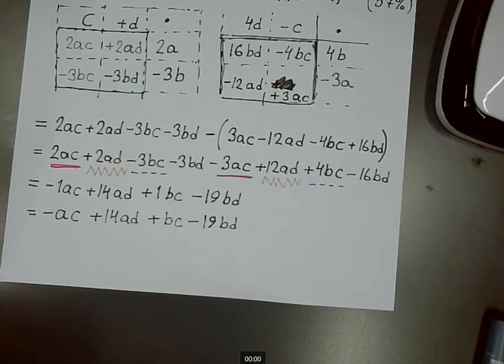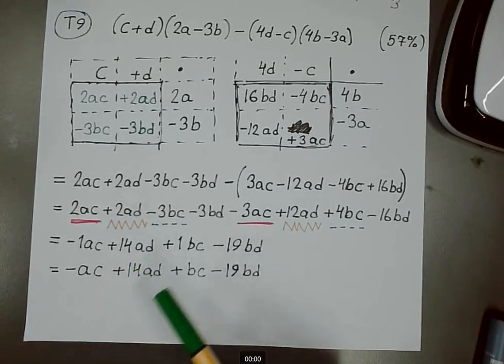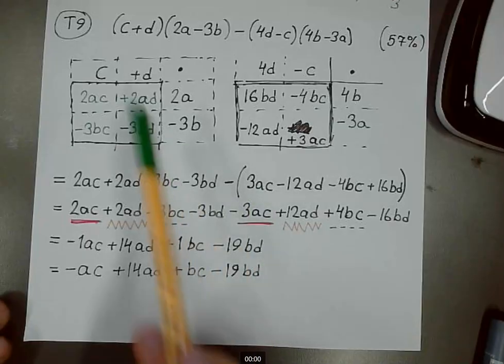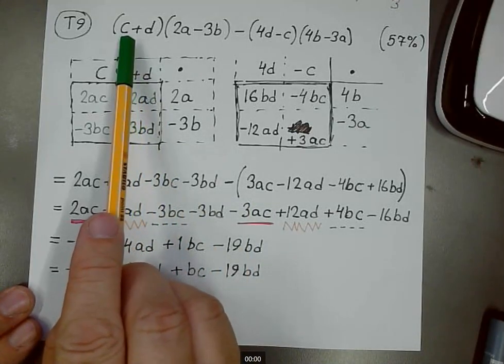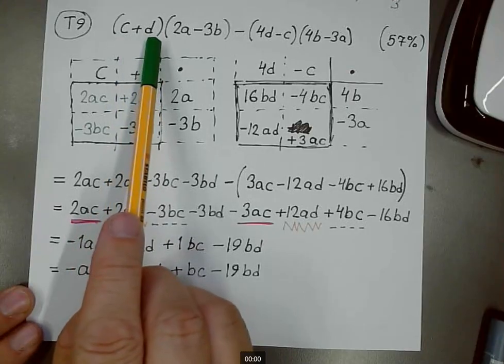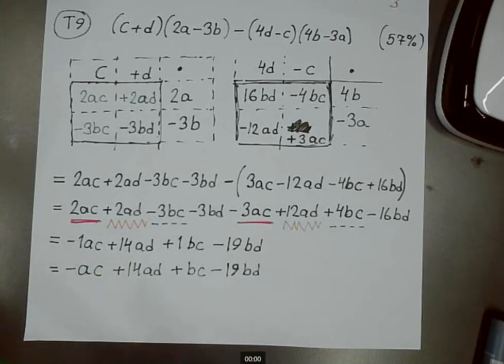Some kind of way to check the answer is to give number values for these letters here. For example, letter A might be 2, and letter B might be 4, and C might be 5, and D, for example, 6.